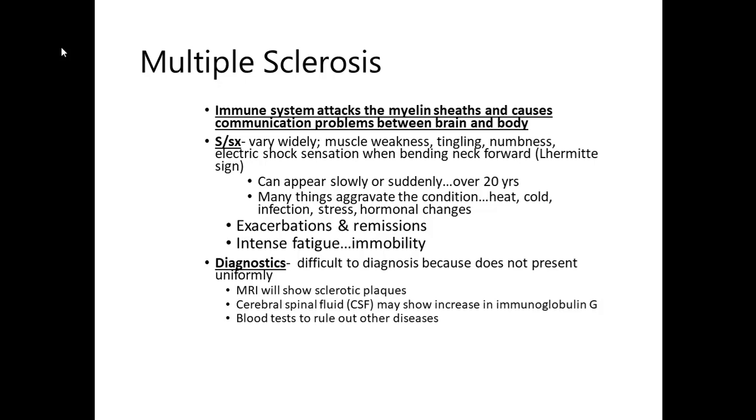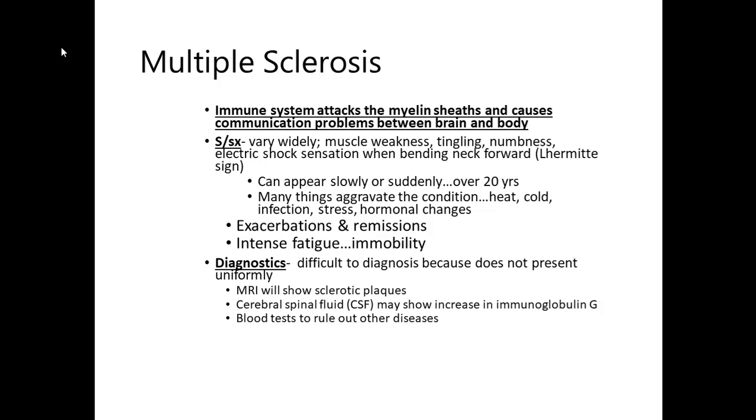Symptoms that we're going to see, it's a very, very wide array of symptoms. Muscle weakness, tingling, numbness. When they bend their head or their neck forward, it's like an electric shock sensation. Sometimes it happens suddenly, sometimes it can happen over 20 years.